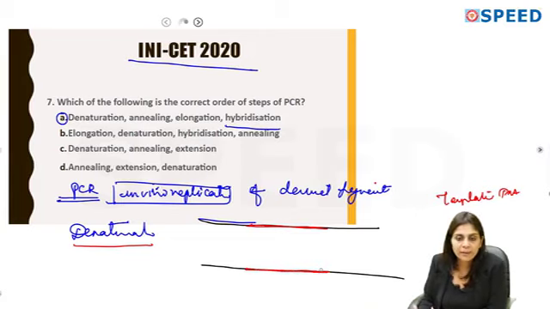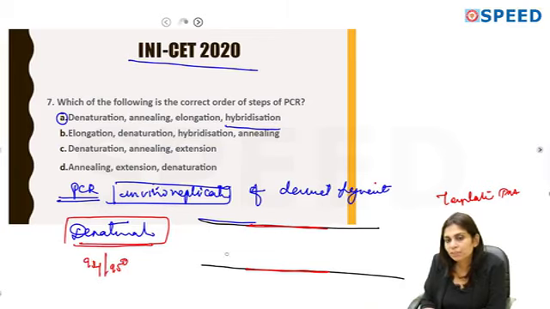It's a desired fragment that you're trying to amplify. So the first step is denaturation, which is carried out at a high temperature of 94 or 95 degrees, which breaks hydrogen bonds.